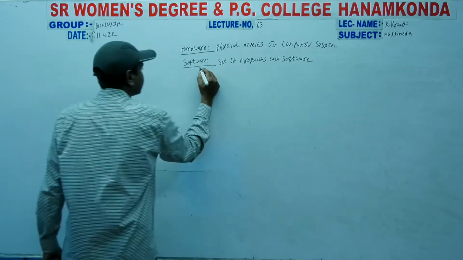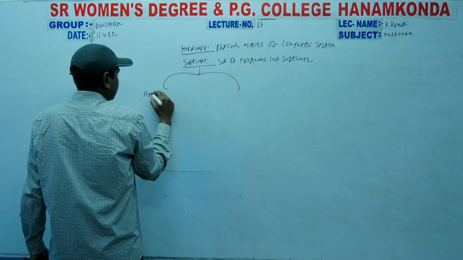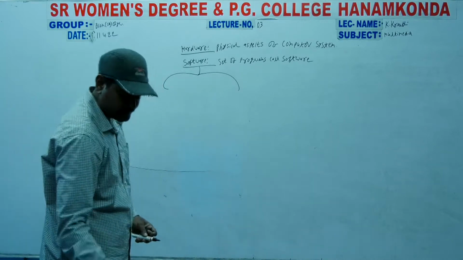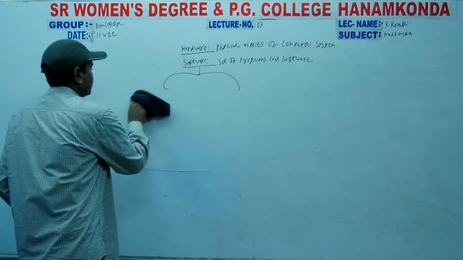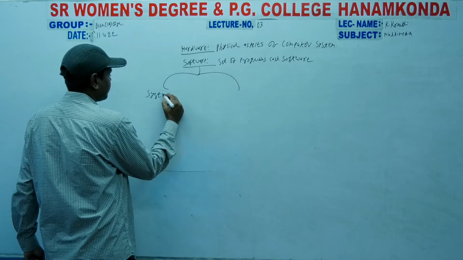And the software is divided into two categories: system software and application software.